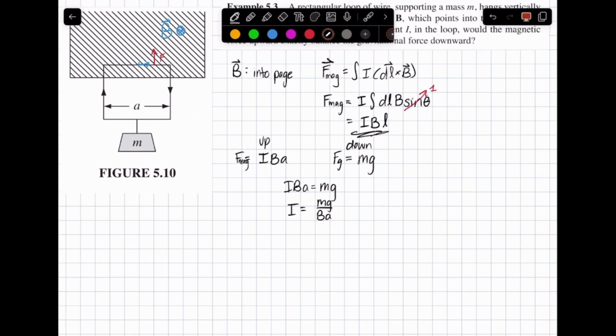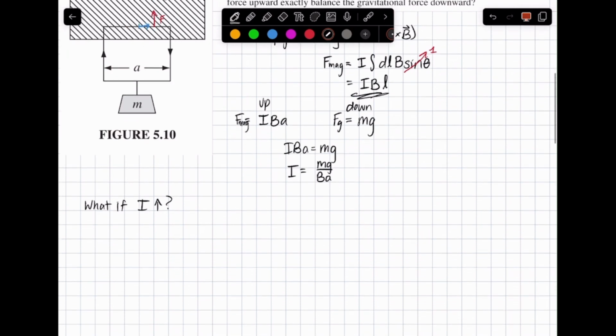Now, in this example, Griffiths introduces this idea, what if we increase the current? Well, in that case, the force upwards on the loop is going to be greater than the force downwards due to the gravitational force. And so one may be tempted to write that there is work done by this magnetic force.